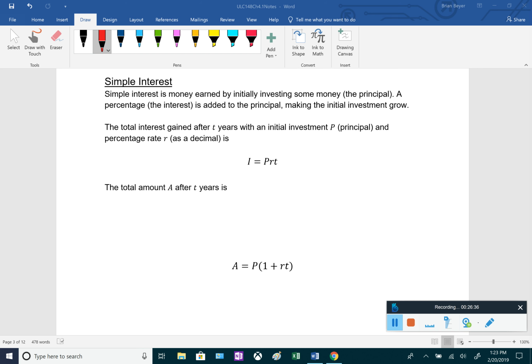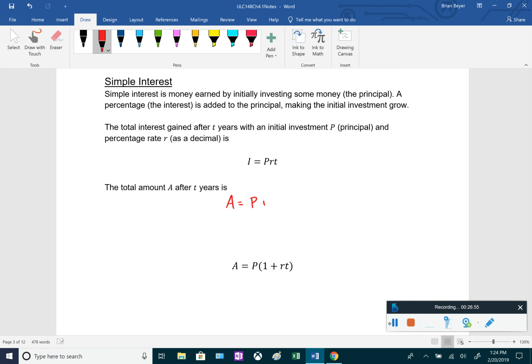And if we want to calculate the total amount that you have after t years, so I is only the interest gained, then you would say the total amount, A, is going to be your initial investment plus any of the interest earned.